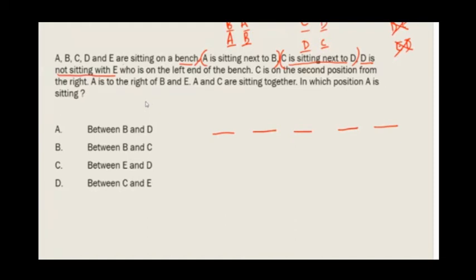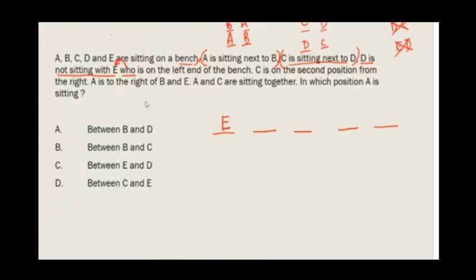Please remember, whenever this who comes, it will be followed to the immediate person whom they are talking about. Now E, who is to the left end of the bench, means to say that this is the left end and this is the right end. Your left and your right, because when they don't specify the direction, we take everybody to be facing north. Now what happens here? I can take E at the very first place.